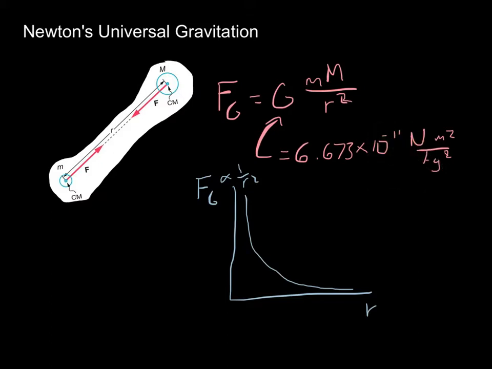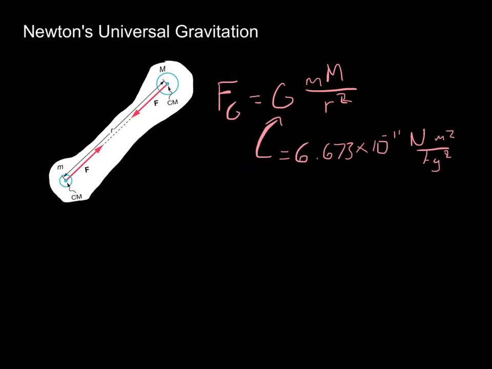We can also use our universal gravitation to figure out what the acceleration of gravity is near the surface of the Earth, right? Forces are equal to mass times acceleration per Newton's second law, and then that force, if it's gravity, would be G m over r squared.